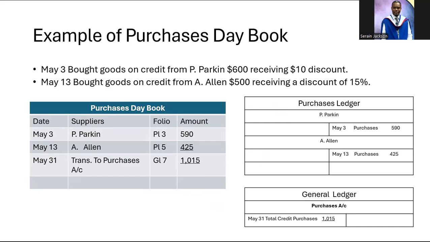And also, you have to transfer the total on the purchases daybook to the purchases account in the general ledger. So in the purchases account in the general ledger, you will find both cash and credit purchases because you want to total all the purchases, whether it be cash or credit, for the month, and you show that in the purchases account in the general ledger.